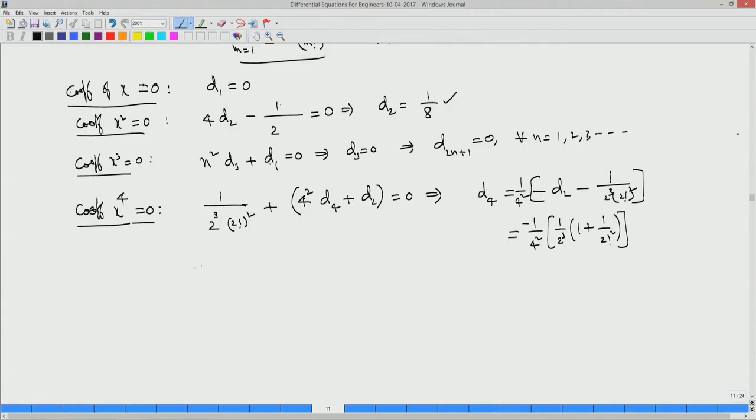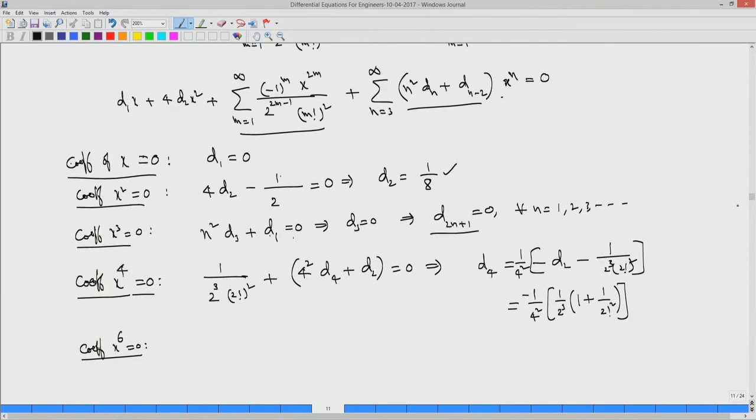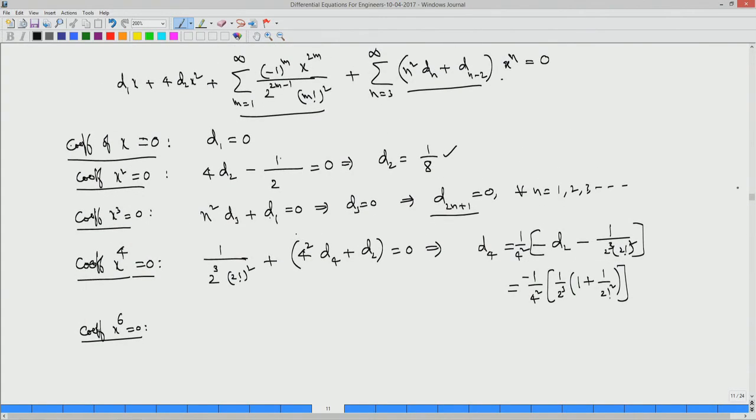Like this you can get the coefficient of x5. If you make it equal to 0, you see that d5 will be 0, which we have already seen here. Now make the coefficient of x6 equal to 0, and you see what d6 will be. For this you have to use m equal to 3.